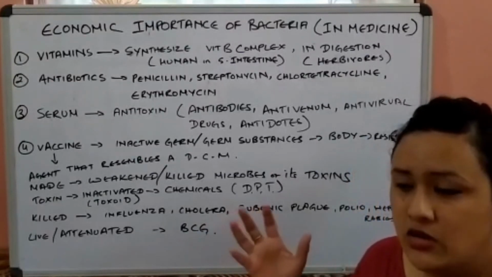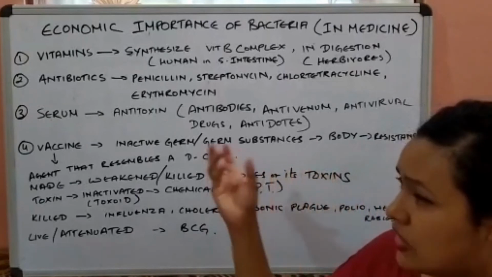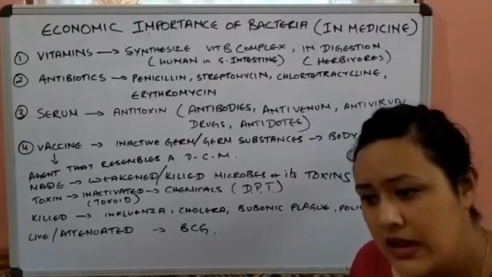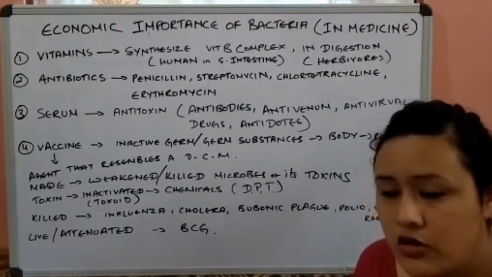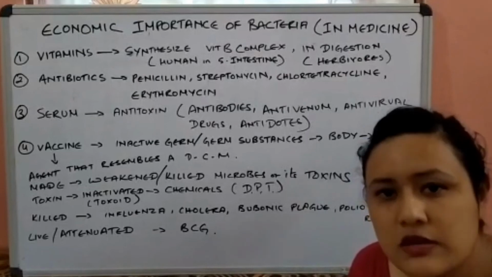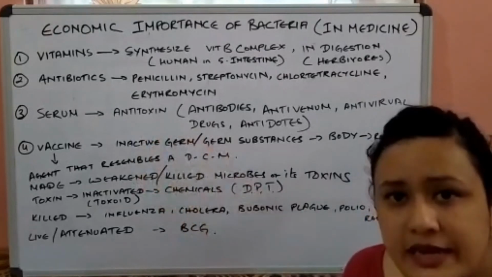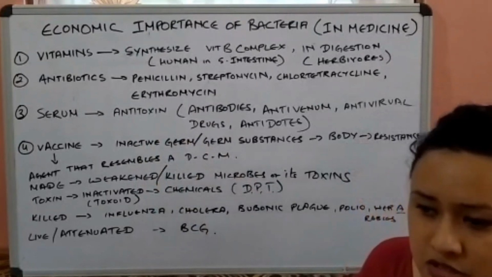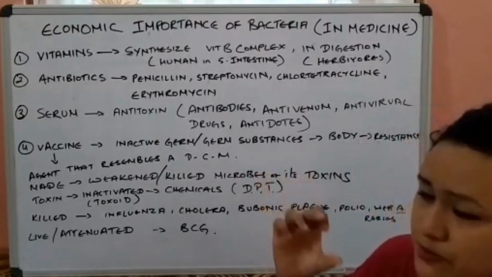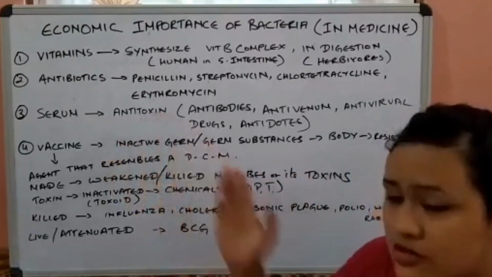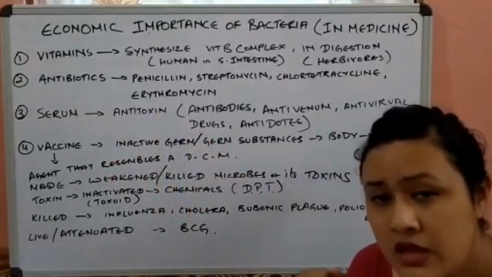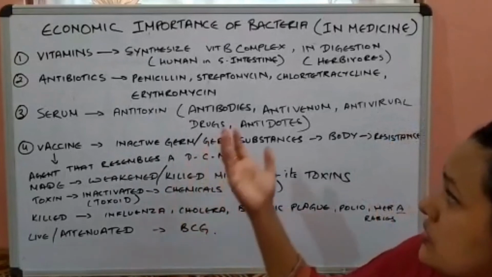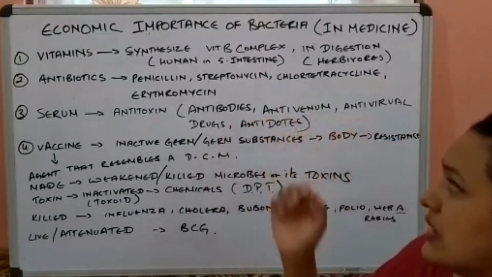The toxin has entered the healthy horse's body and reached its blood, so that animal starts producing antitoxins. Then we can separate the blood and take its serum. The serum contains antitoxin, I told you. After that we can utilize it as antibodies, antivenom, antiviral drugs, and antidotes also.